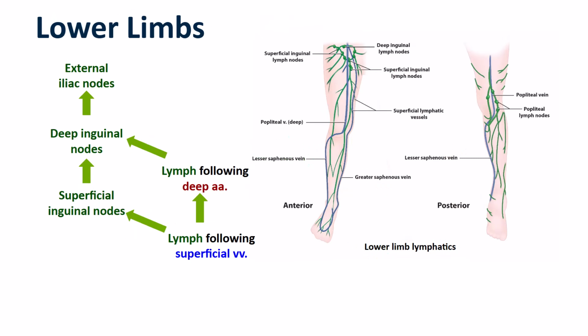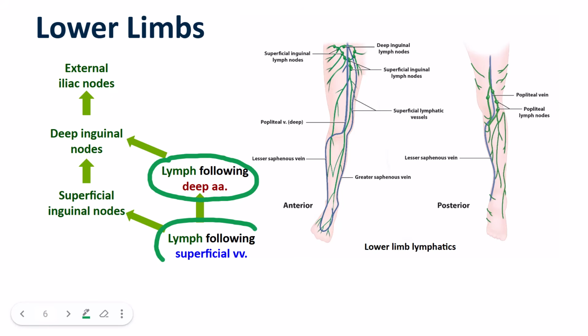Now let's look at the lower limbs. And again, we're just going to keep the basic relationship of deep lymph follows arteries, superficial lymph follows veins. So it's right here. So we've got deeper lymphatics following the arteries, which are deep, and superficial lymphatics following the superficial veins.